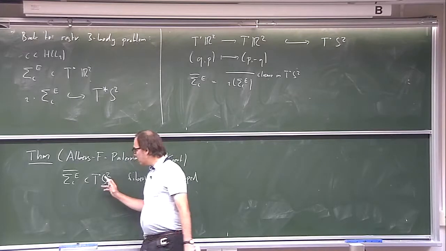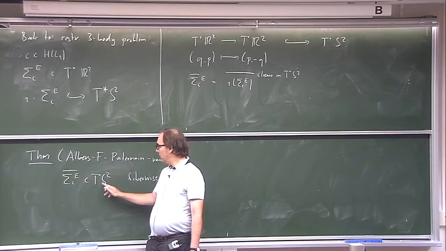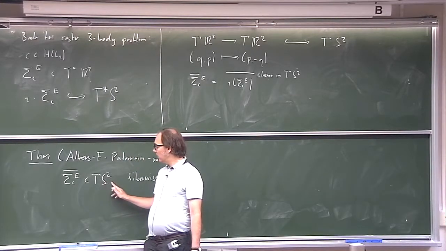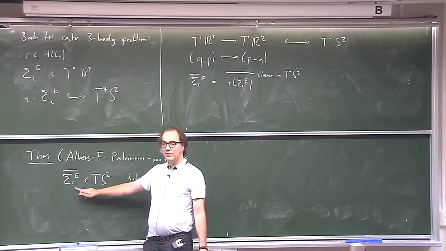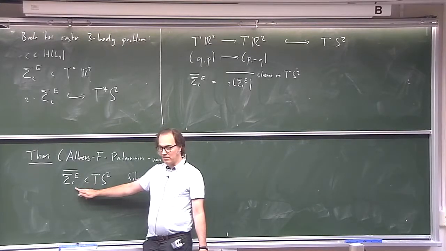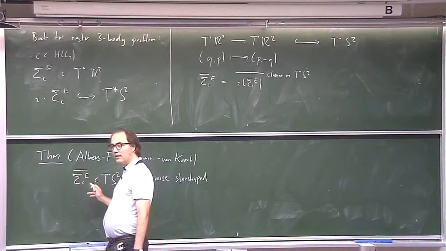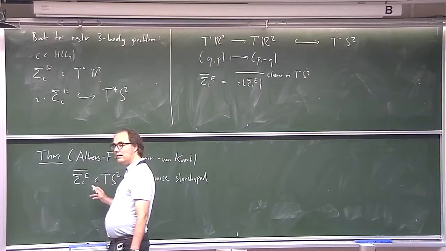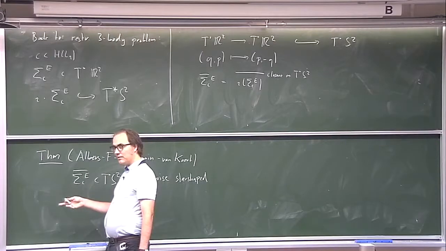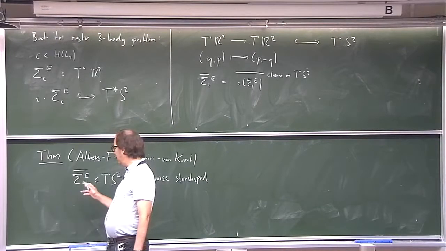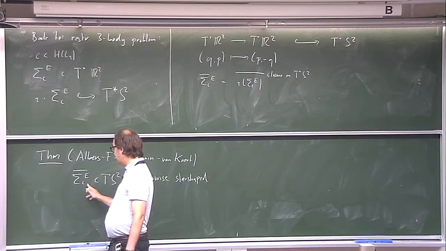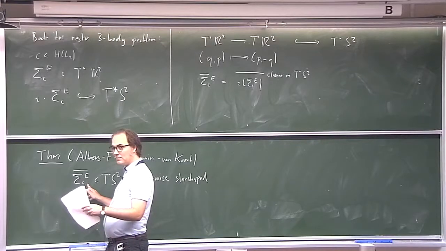Fiber-wise star-shaped means that if you restrict the Liouville one-form of the cotangent bundle of S2 to this regularized hypersurface, you get a contact form. That gives us a link between the dynamics of the restricted three-body problem and what we discussed before.